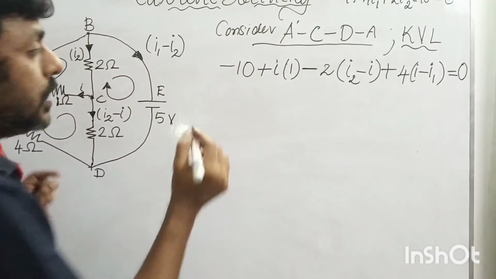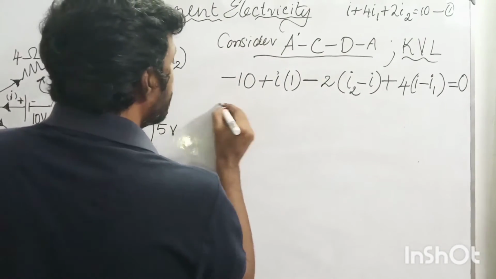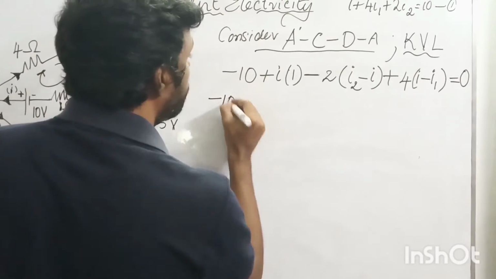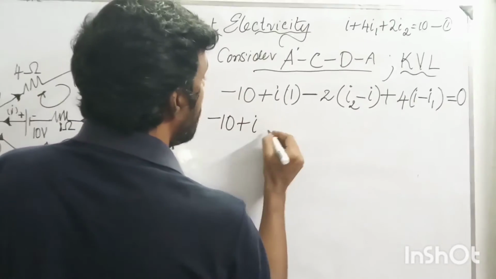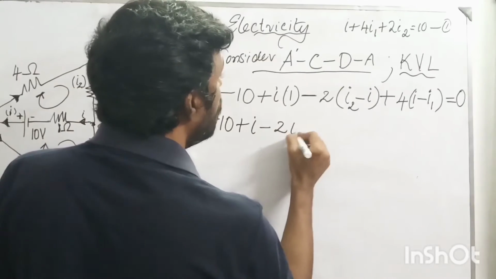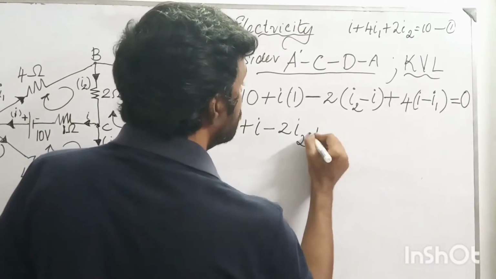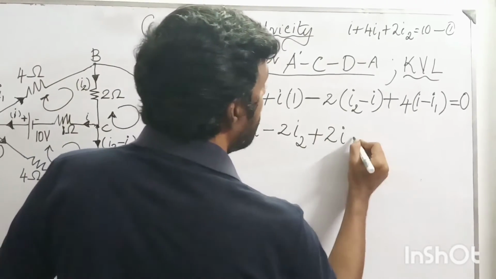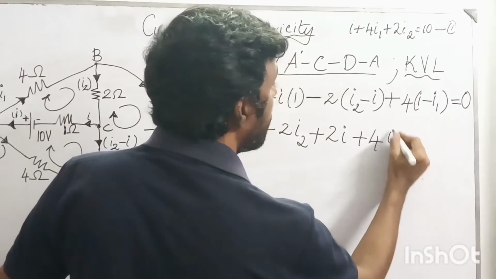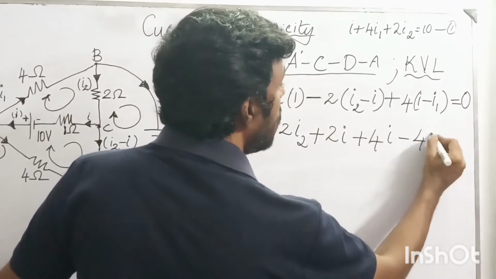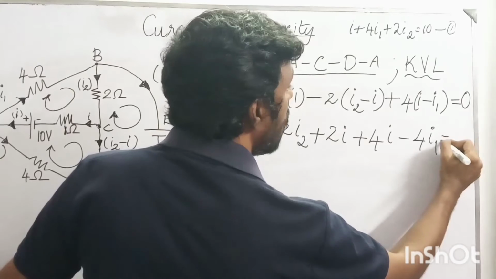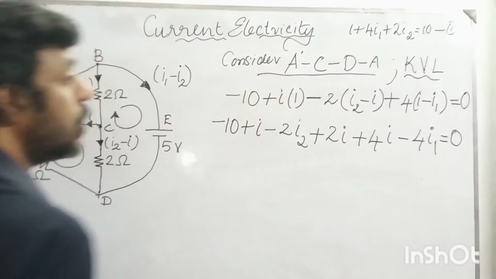Now to simplify, it is minus 10 plus I minus 2I2 plus 2I plus 4I minus 4I1 equal to 0. You got it?